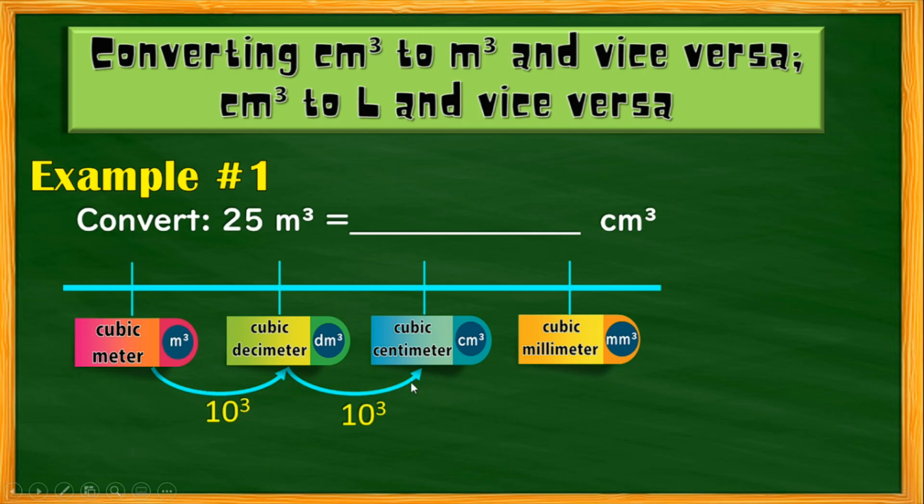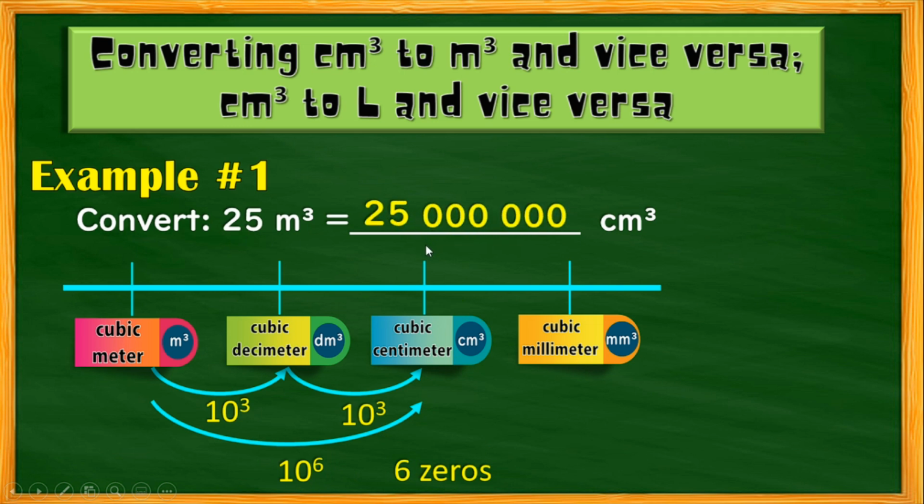So 2 multiplied by 3, we have 6, right? So this would be 6 zeros, or 10 raised to 6 is equivalent to 6 zeros. So add 6 zeros to 25. So this would be 25 and add 6 zeros, 25 million.